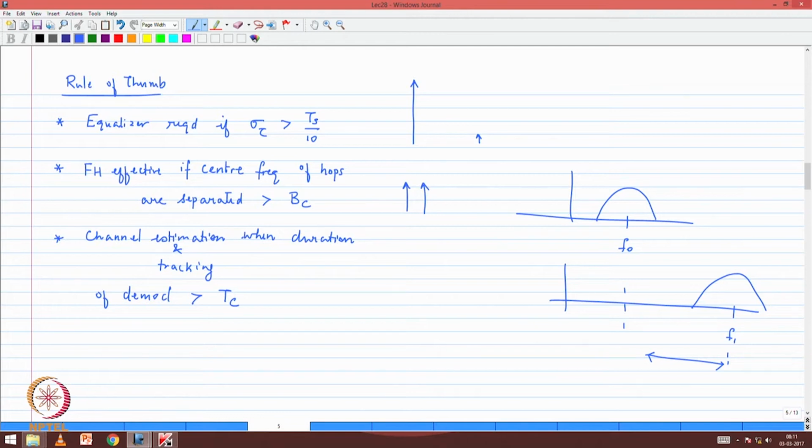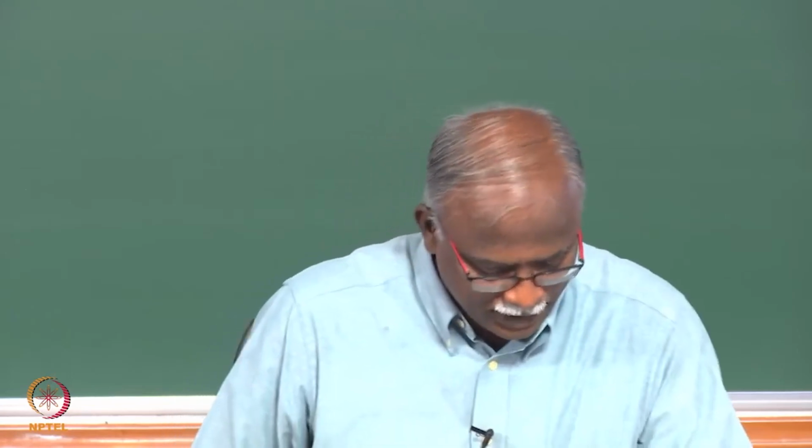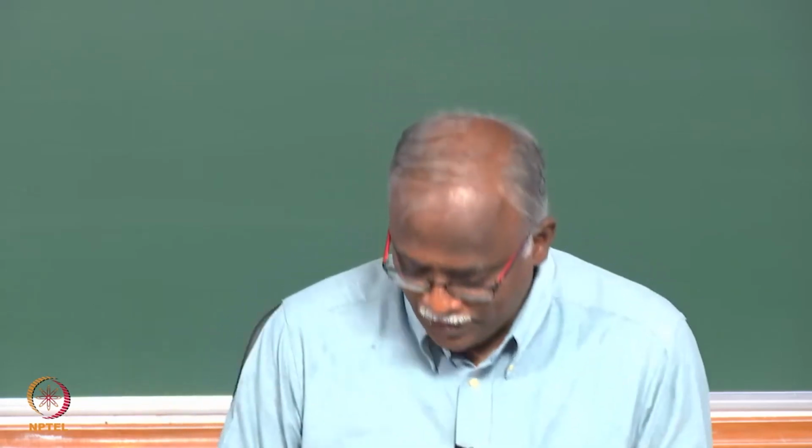This is also true if you have had a fade, of course then you have to have another channel estimate that will help you in the process. Okay, that's a sort of putting all the pieces together.